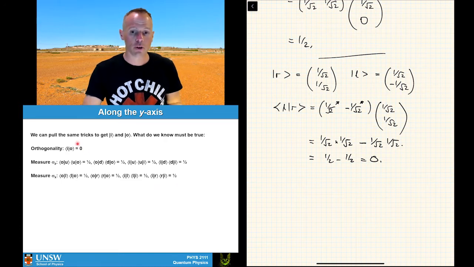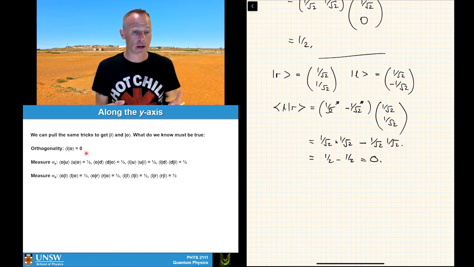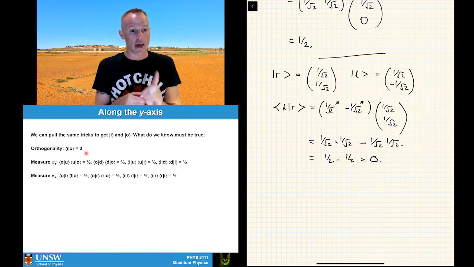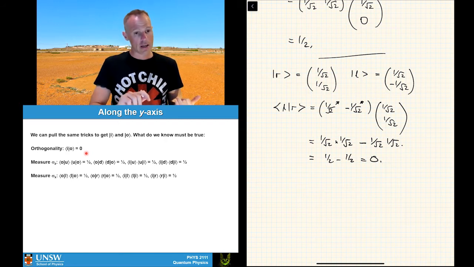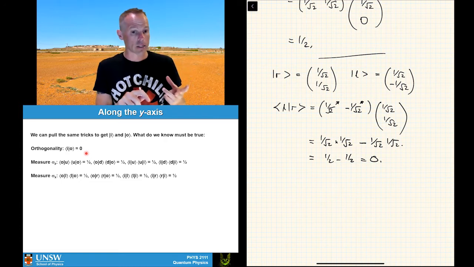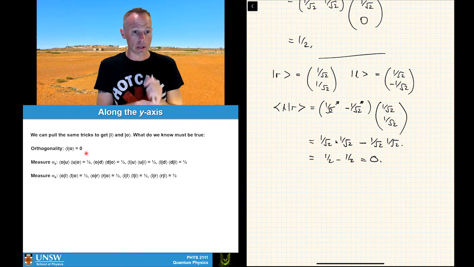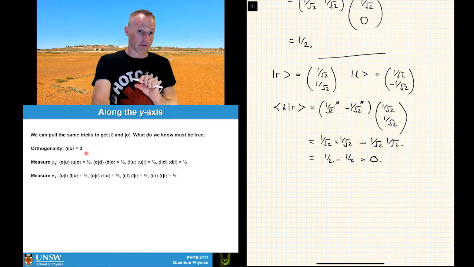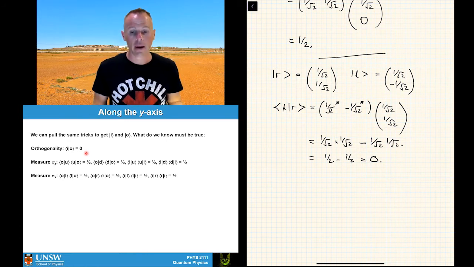The other thing that you know in here must be true is that the in and the out state have to be orthogonal to each other, right? They're distinctly different measurable outcomes of making the measurement of is the spin aligned along the y direction, right? It'd be like taking our Stern-Gerlach experiment and rigging it up so the field runs along y.